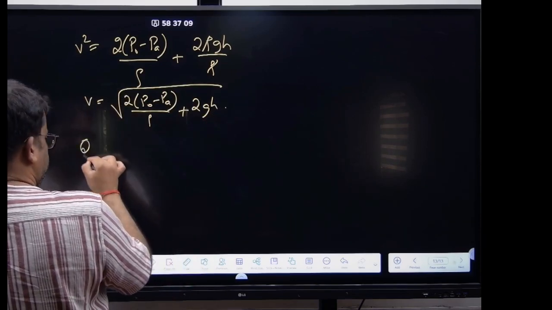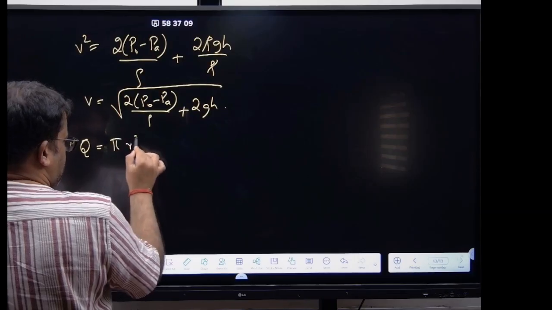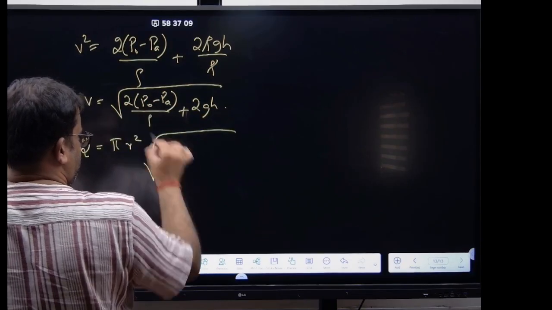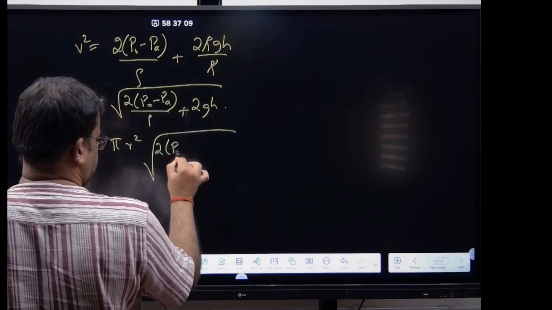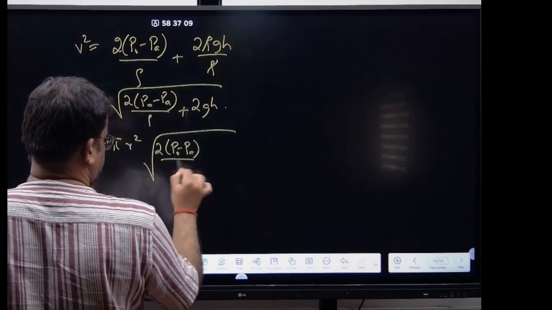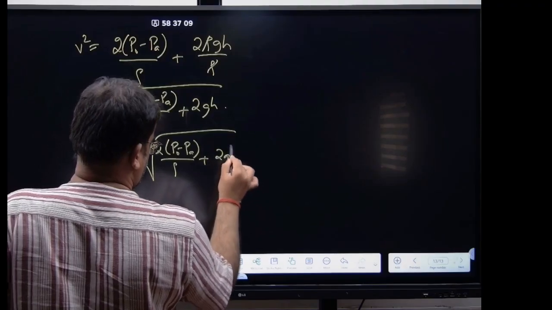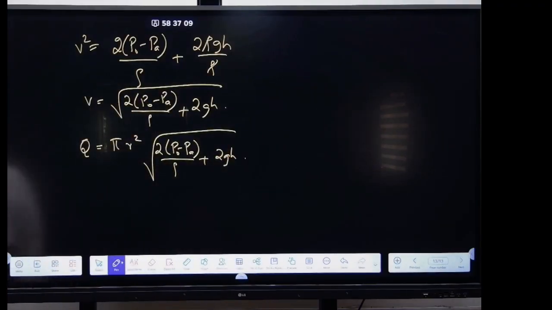Now let us substitute this: Q is equal to pi r square into root of this. So the right option is option 4. Verified? I may be wrong.